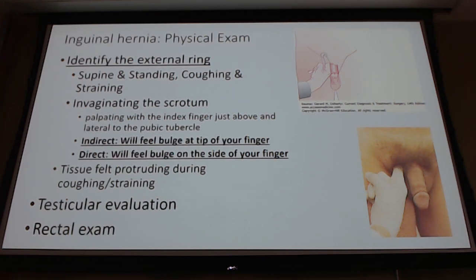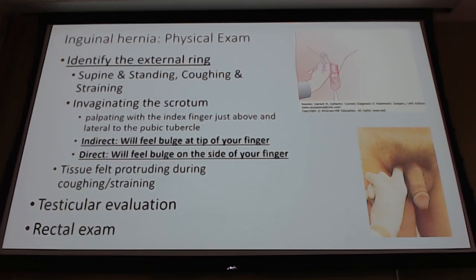So cross to actually feel. When you put your finger up through that canal, if you feel something at the tip of your finger, it's more likely an indirect hernia. If it's pushing against the side of your finger, it's most likely a direct hernia.